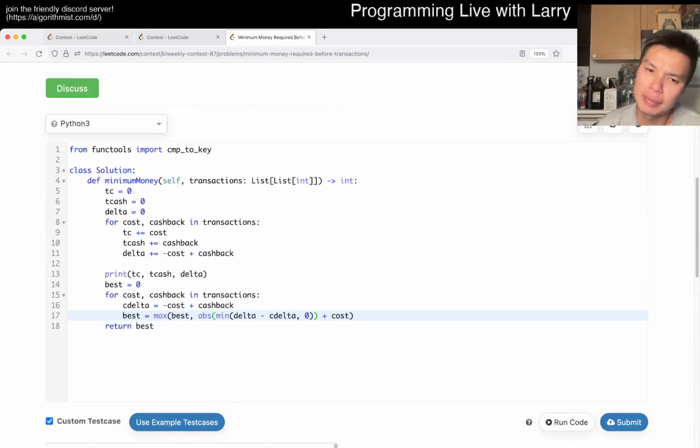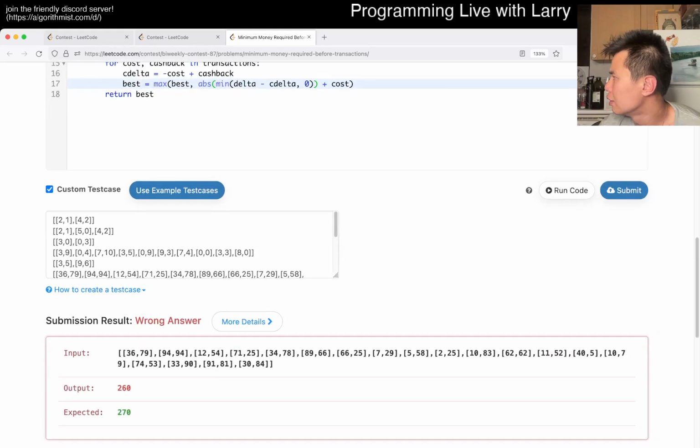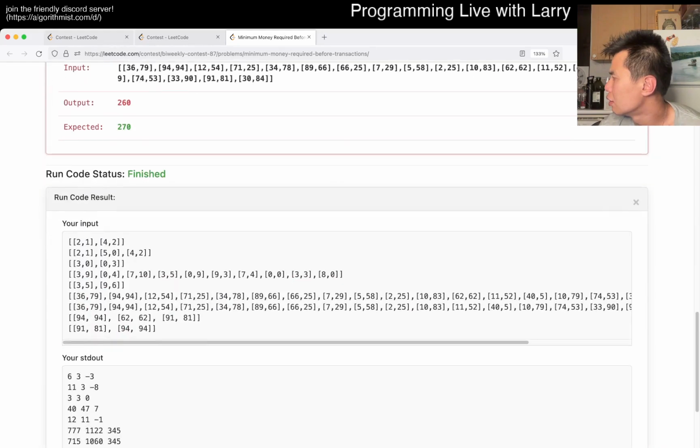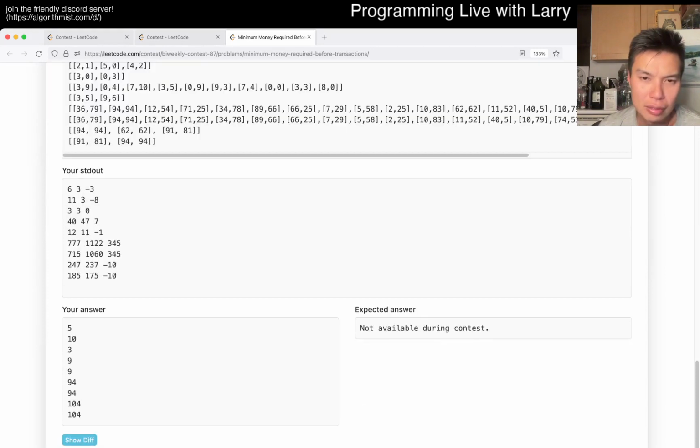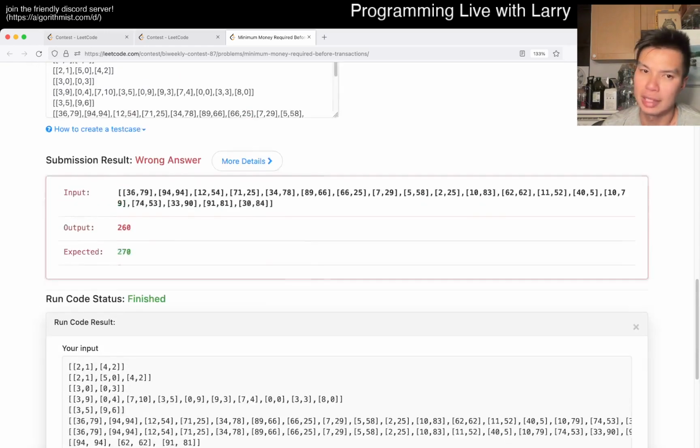Okay, 1 cashback does not matter. But what does that mean? What can I do to solve this? 1 cashback doesn't matter. But if we sort by cashback, I guess that's essentially what we're doing if we try to do greedy. So we already had that previously.